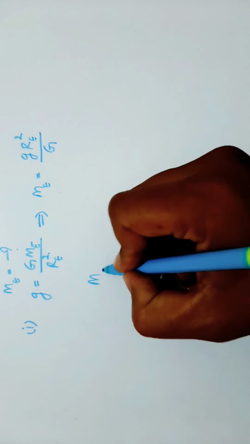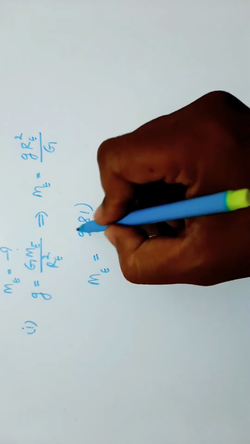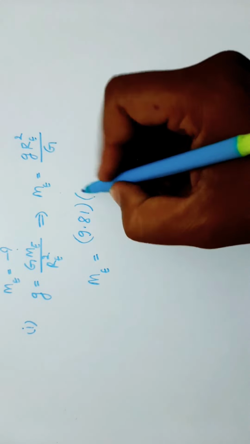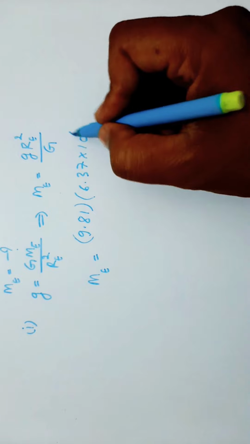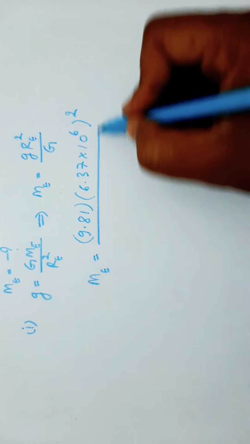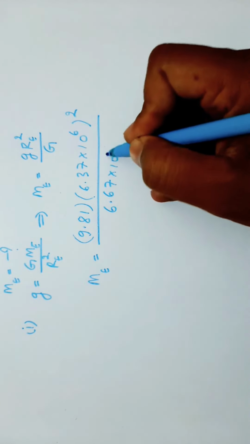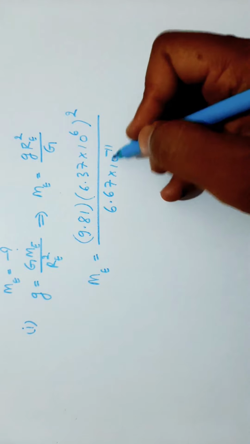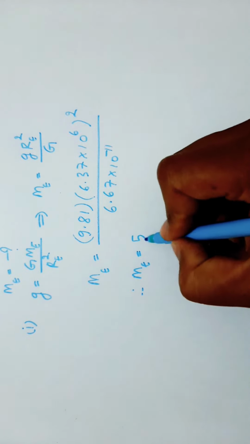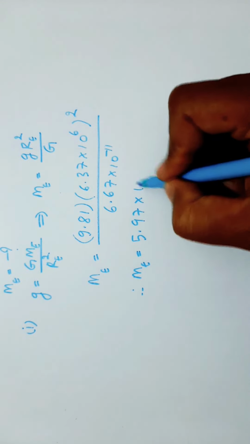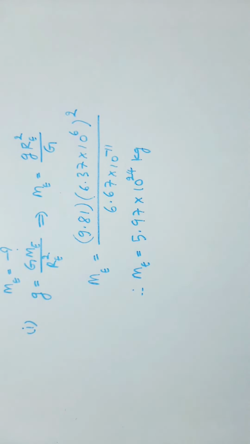That is, mass of the earth is equal, here g is equal 9.81, RE is equal 6.37 into 10 to the power of 6 whole square by, here capital G is equal 6.67 into 10 to the power of minus 11. So here we can get mass of the earth ME is equal 5.97 into 10 to the power of 24 kg. So that is 6 into 10 to the power of 24 kg.